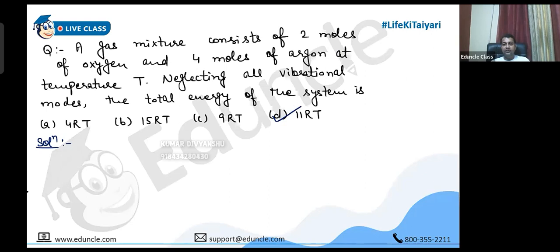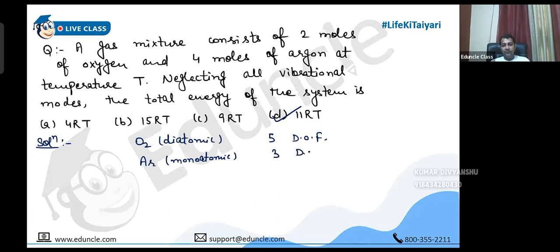See. First of all, oxygen is diatomic, so for this F is 5. Argon is monatomic, degrees of freedom are 3. But there are different numbers of moles, and we have to get the total energy. So U total is U oxygen plus U argon.